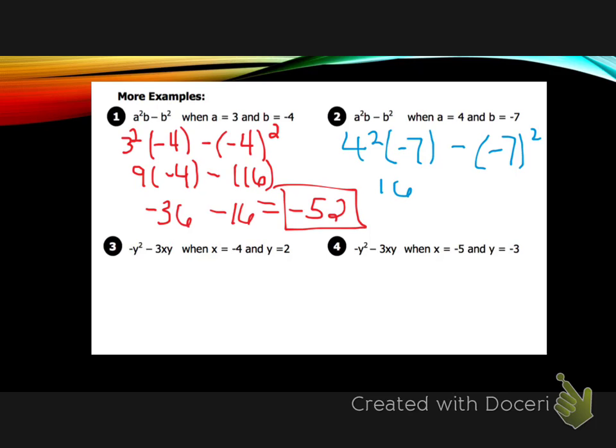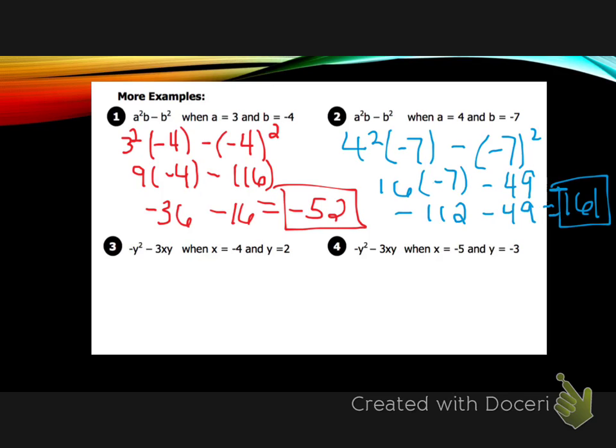We've got 16 times negative 7 minus negative 7 squared is 49. 16 times the negative 7 is going to give us a negative 112 minus 49, which gives us a 161. Sorry, that's a negative 161. Negative 161.